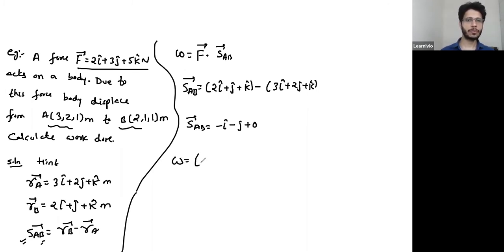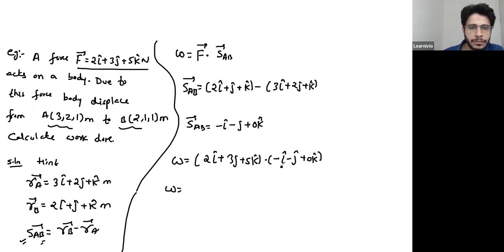So if I take the dot product, force 2i cap plus 3j cap plus 5k cap dot minus i cap minus j cap plus 0 k cap. What is the coefficient of i cap here? Minus 1, right? And here, 2.